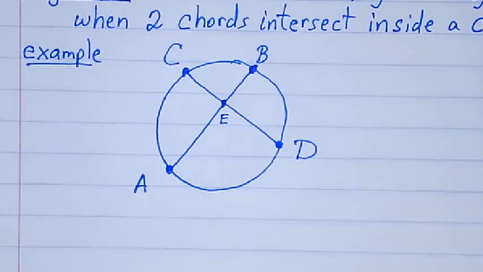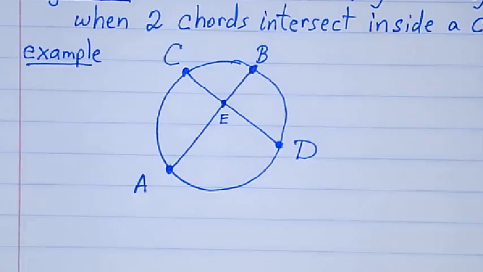How many pieces are each chord broken up into due to the intersection? How many segments is each chord broken up into? You have to listen to the question. Let me finish the question. I want you to process.